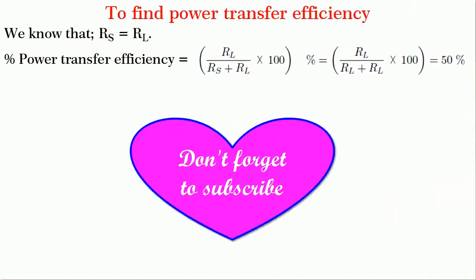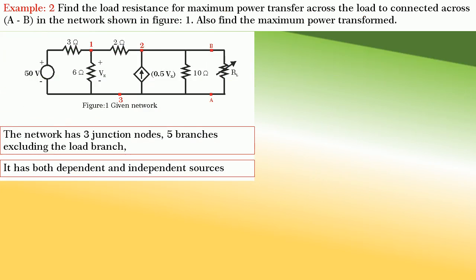Friends, we know that Rs is equal to RL is equal to 4 ohm. By substituting the values in the equation of power transfer efficiency, percentage power transfer efficiency is equal to RL divided by RS plus RL into 100. By solving it, we get percentage power transfer efficiency is equal to 50%.